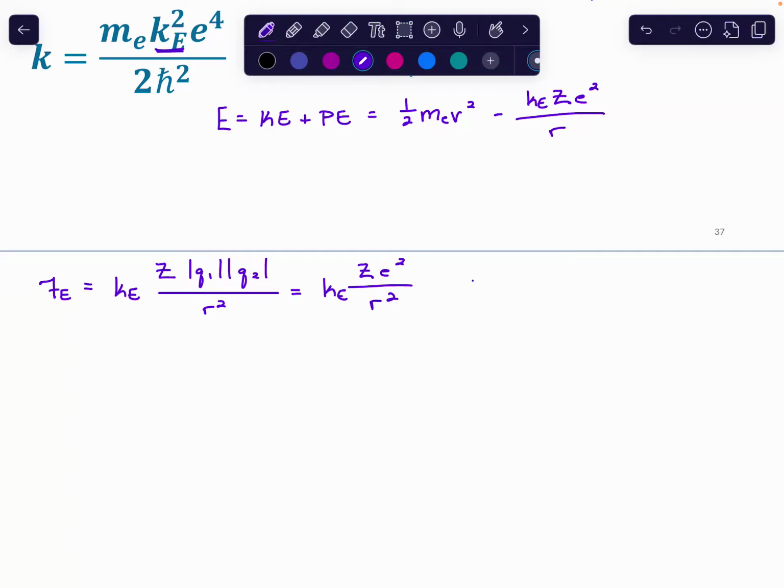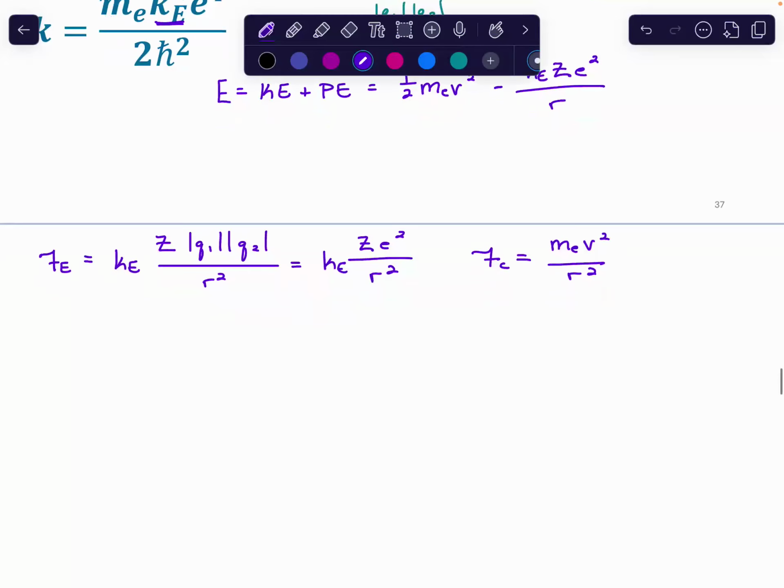We also know that centripetal force is mass of your electron, V squared over R squared. And since your Coulombic force, your electrostatic force, is centripetal force, this is going to give us M E V squared over R squared equals KE Z E squared over R squared.